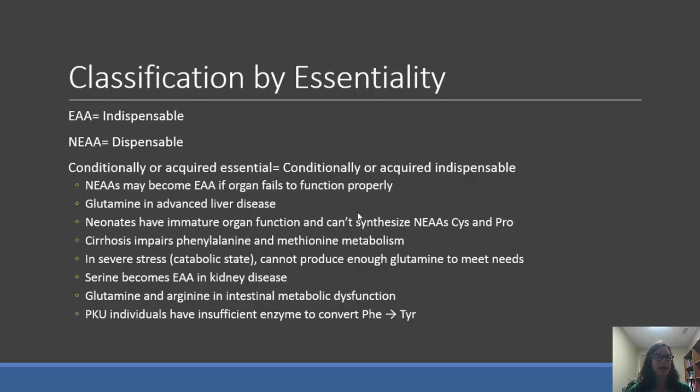And we see that glutamine becomes an essential amino acid in advanced liver disease because we can't produce the glutamine if our liver is not functioning properly. And then cirrhosis impairs phenylalanine and methionine metabolism. In severe stress, we can't produce enough glutamine to meet our needs, so we need to get extra from the diet. And then there's a few other examples that you can read through here.